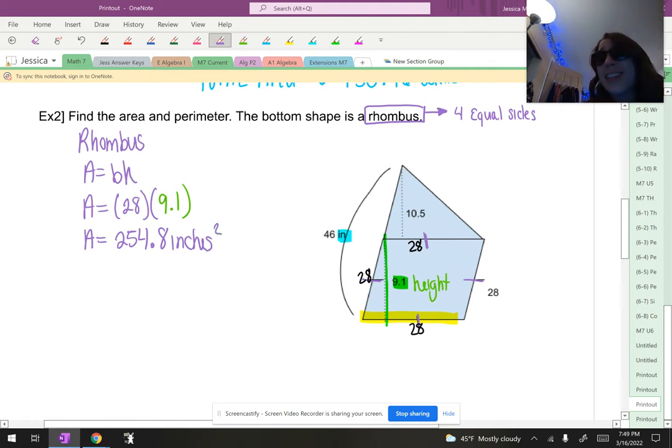But that is not the entire area because we need to find both pieces. We need to do that rhombus and we need to add it to the other shape, which is a triangle.